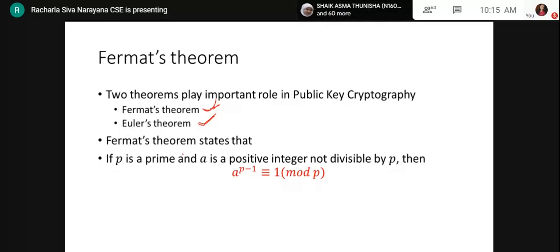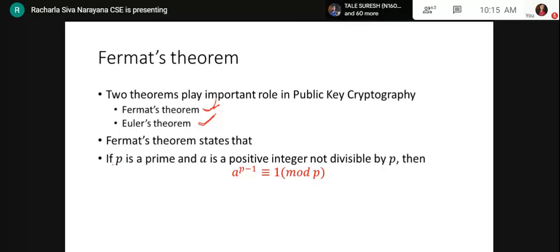So Fermat's theorem states that if P is a prime and A is a positive integer not divisible by P. So you know what a relative prime number is. Relative prime means two numbers have only 1 as their common factor, so 1 is the greatest common factor for both numbers.